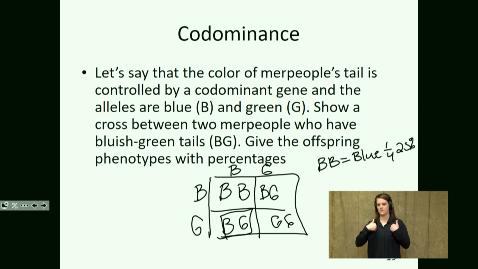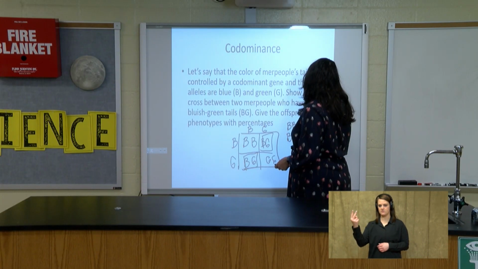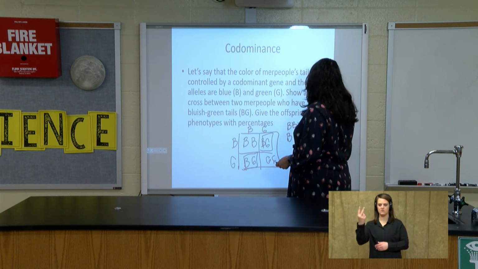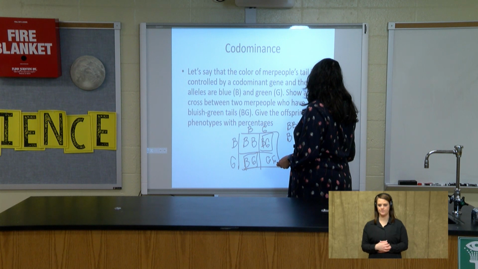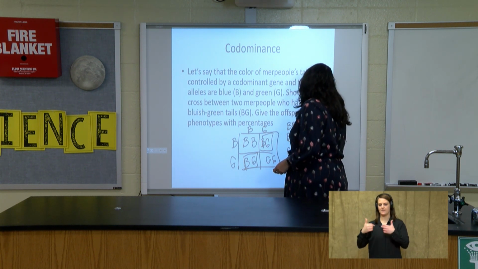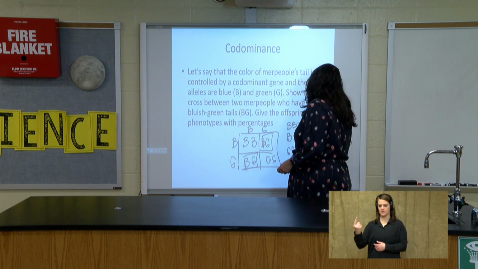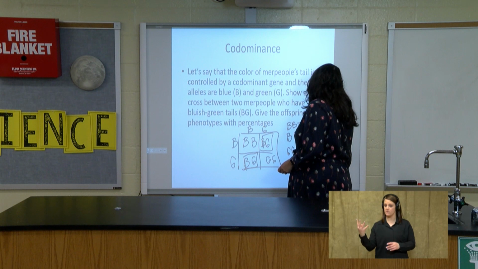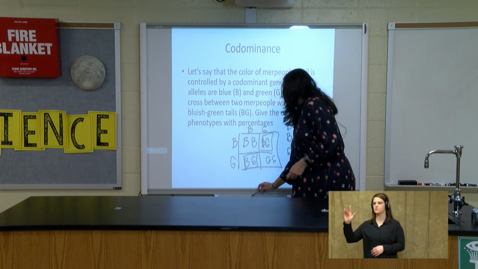We have 2 BGs, which are blue and green, so bluish green or blue and green, which is 2 out of 4, or 50%. And then we had 1 GG, which is green. So again, 1 out of 4, or 25%.